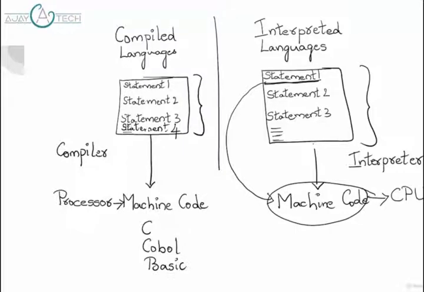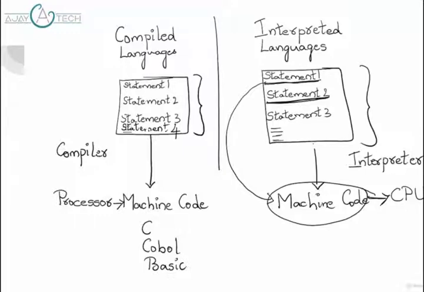Next, the interpreter translates the second statement in your program to machine code, and the CPU executes that particular instruction. So, interpreted code will show an error as soon as it hits a problem. So, it is easier to debug than compiled code.